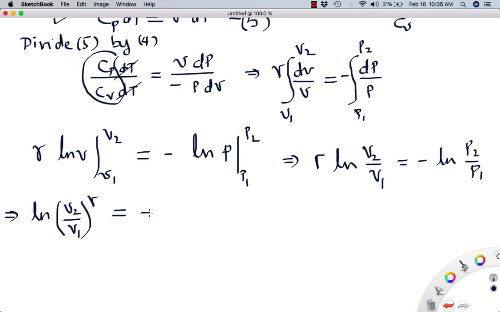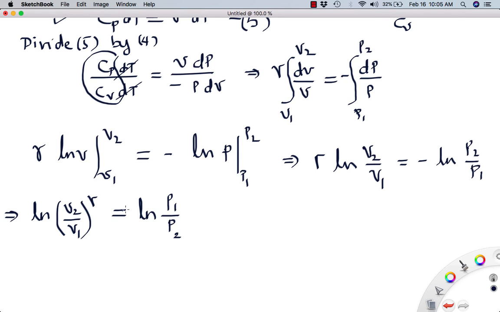Now if I absorb this negative sign inside the log, then it will flip the numerator and denominator. So I can write ln P1 over P2, by absorbing the negative sign.